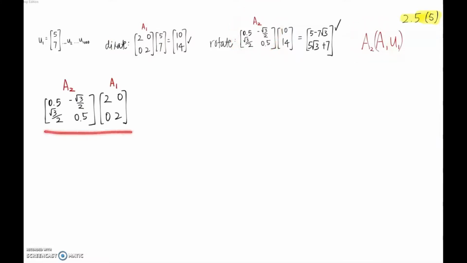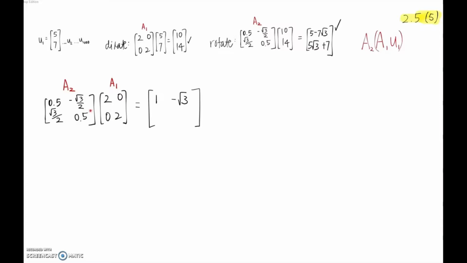And so here I'm going to do it. And of course I have to do it in this order because it's the A1 matrix that hits the vector first, and then the A2 matrix. And when I do this multiplication, I will get 2 times a half is 1, and this row by this column is negative square root of 3.